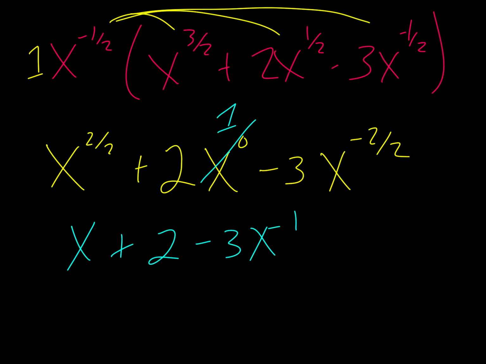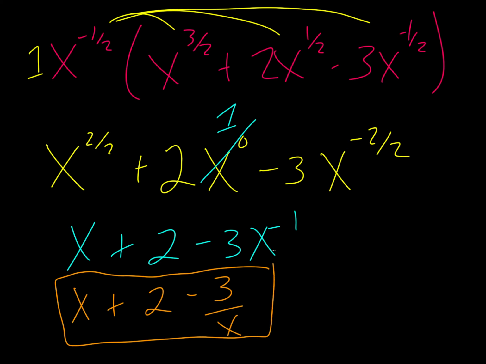And we could take that one step further. So we get x plus 2 minus 3 over x, because a negative exponent comes down to the bottom, and this would be a 1. But we don't need to write that because that's redundant. So this would be the simplest form of the original thing written in pink.